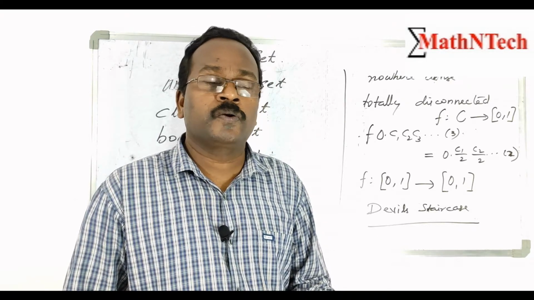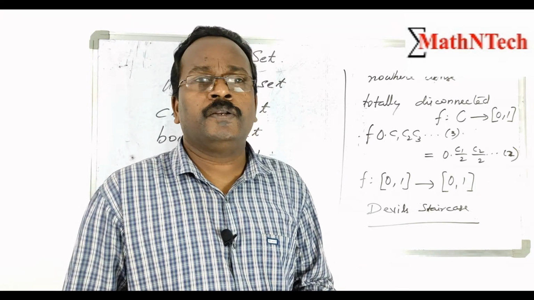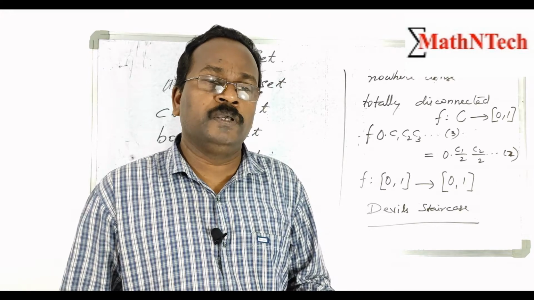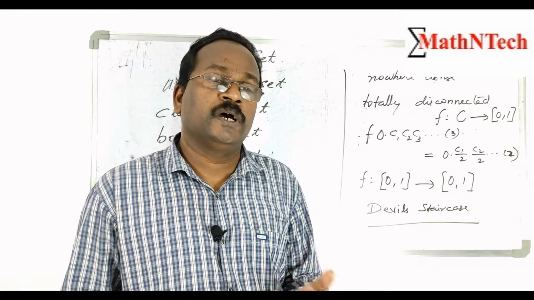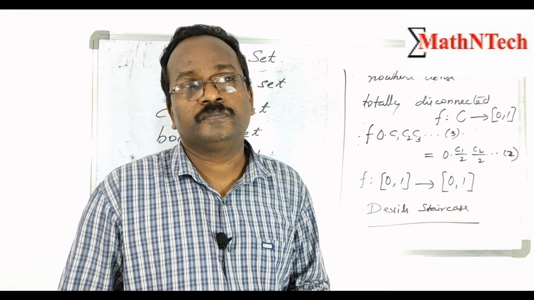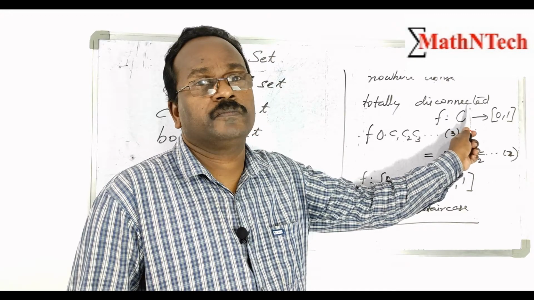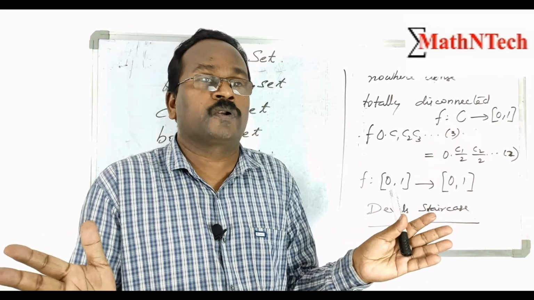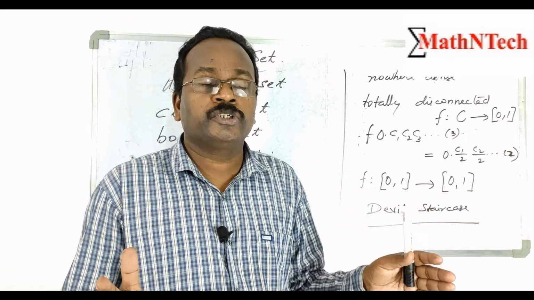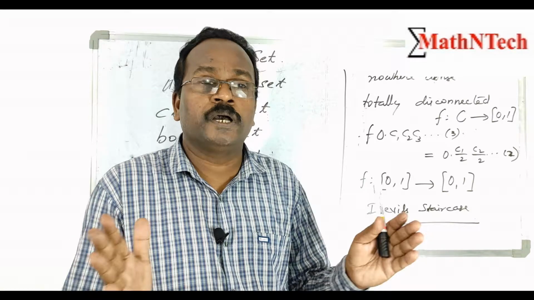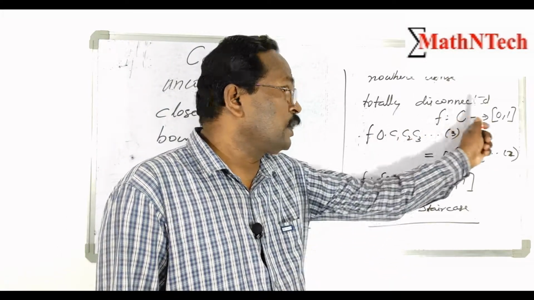We can find a neighborhood U of point A and a neighborhood V of point B. They are closed neighborhoods, and their union is the Cantor set. U and V are disjoint closed neighborhoods, but their union is the Cantor set. So it is disconnected, totally disconnected.